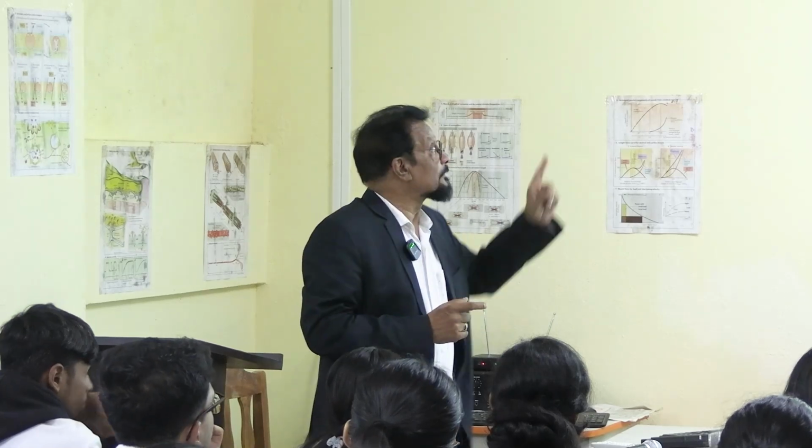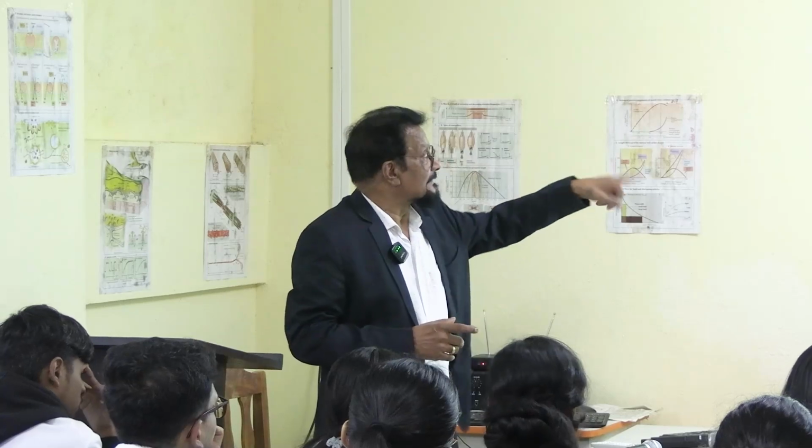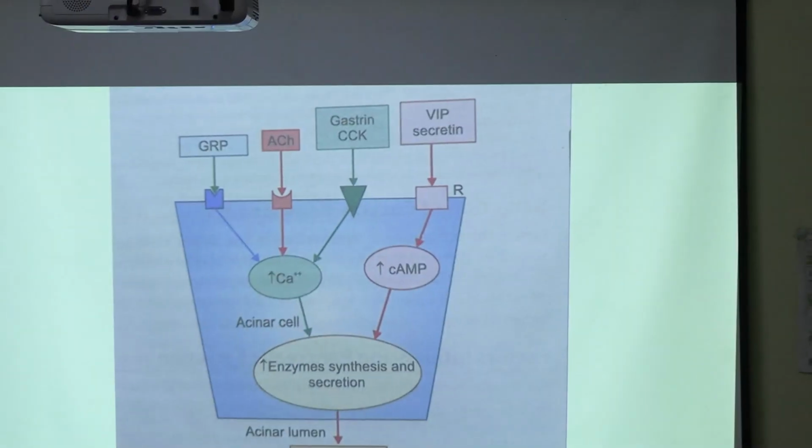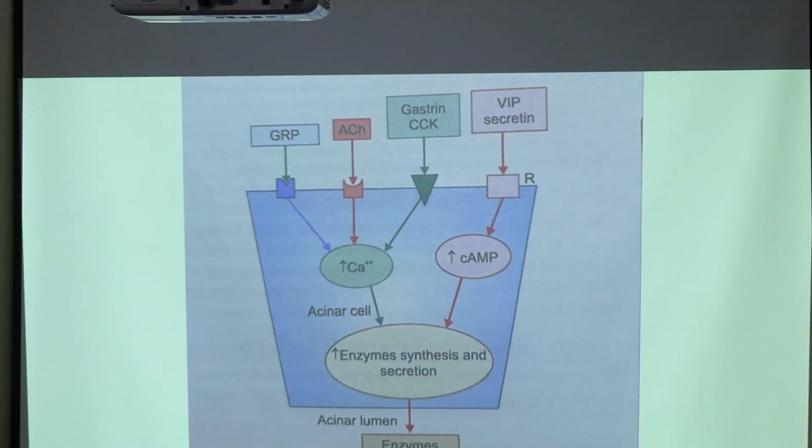There will also be some products of protein digestion done in the stomach, and some pepsin has been formed. The presence of this pepsin in the duodenum will stimulate other receptors, which will cause secretion of GRP. As a result, the acinar cell will start producing enzymes.